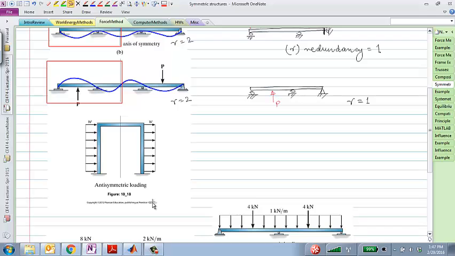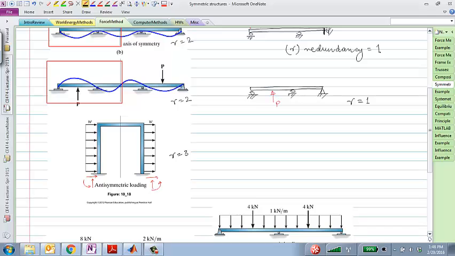So it's almost like a fixed beam, which has a degree of redundancy of 3, right? The horizontal reactions, vertical reactions, and moments at the two ends would be three unknown reactions, but you are going to get exactly 3 equations of equilibrium. Degree of redundancy is 3.